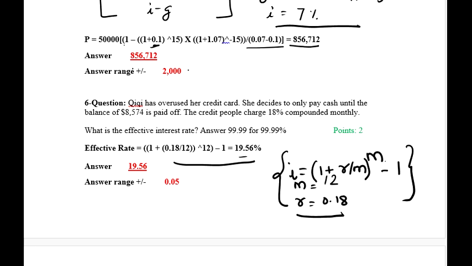So your m value is 12, and your r value is 18 percent. In terms of decimal it will be 0.18, and if you substitute into this equation, you'll get 19.56.